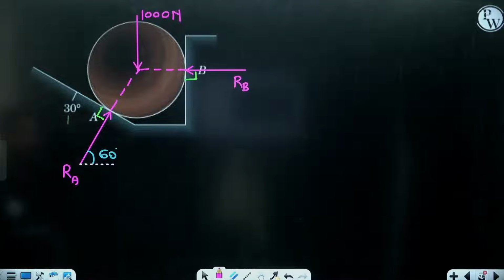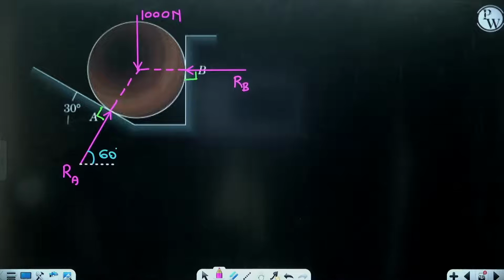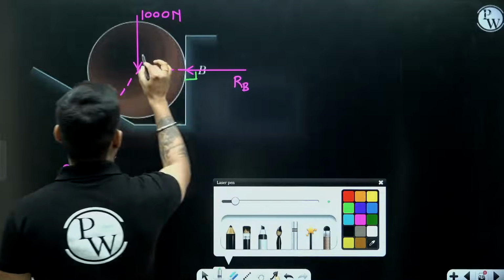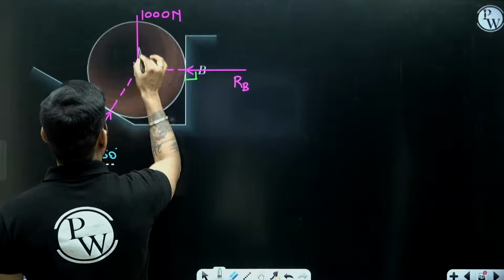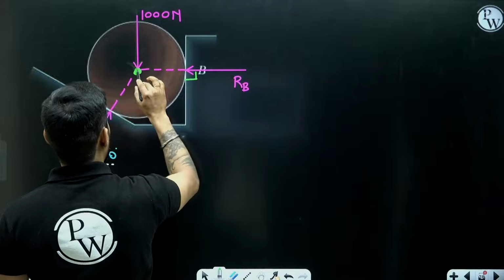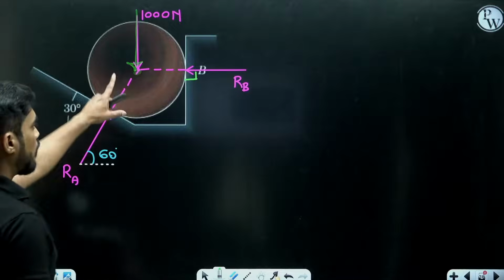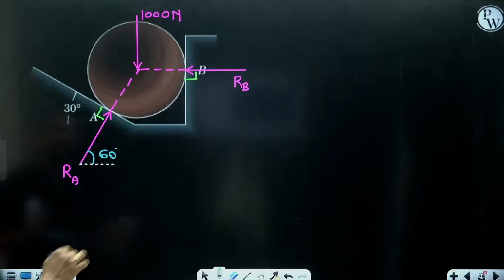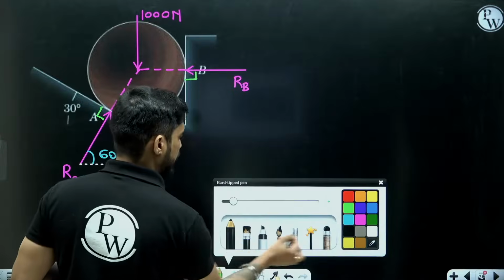And in this case, you can apply Lami's theorem. Now, either all 3 forces must be acting towards the center or away from the center. So here all 3 forces are acting towards the center, so I can calculate the angles from this diagram.